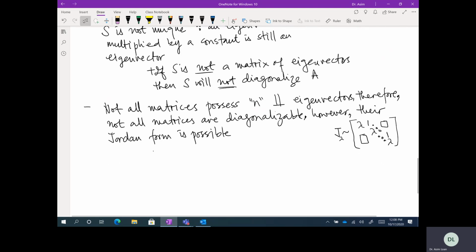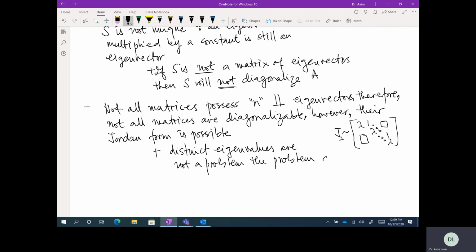So remember here also, distinct eigenvalues are not a problem. The problem arises when we have repeated eigenvalues, which is the case over here.